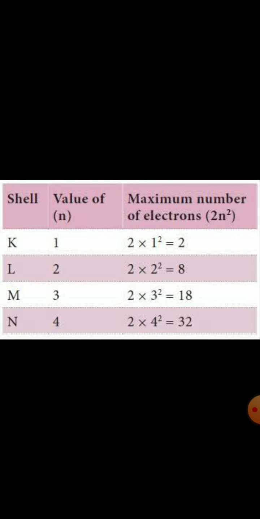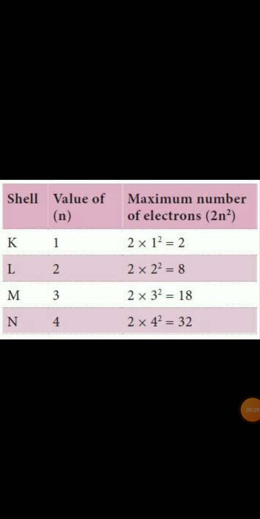If we talk about the L shell, L means second orbit, which means n is 2. If we put this value in the formula 2n square, we will get 2 into 2 square. 2 square is 4, 2 fours are 8. So in the second orbit, a maximum of 8 electrons can be filled.